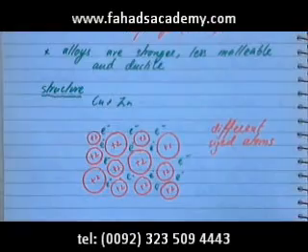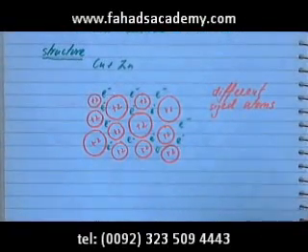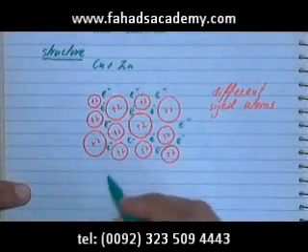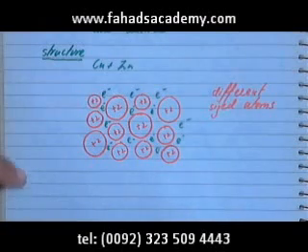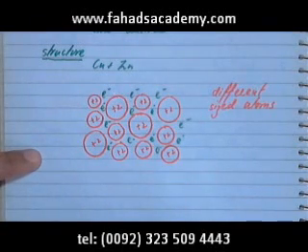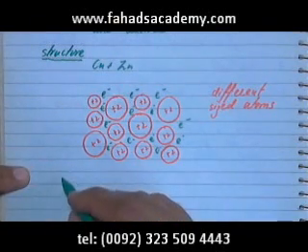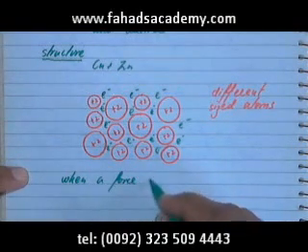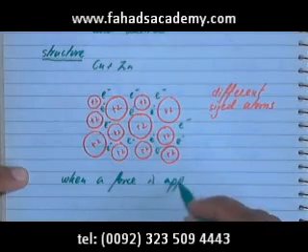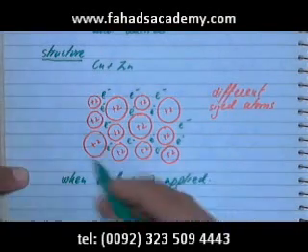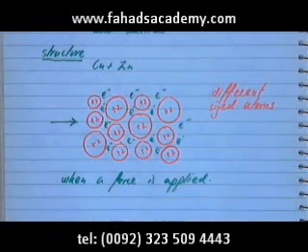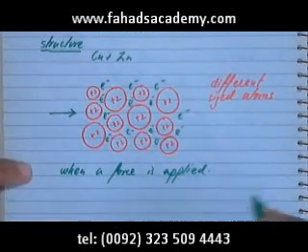Different sized atoms make the structure stronger and less malleable and ductile. The reason is that when a force is applied, for example from this direction, it's an irregular lattice.